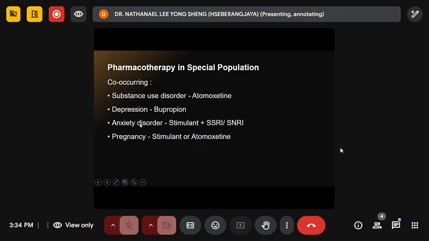For people with anxiety disorder, evidence suggests that we combine methylphenidate with either an SSRI or SNRI. Whereas for pregnant women, we will go for either a stimulant or atomoxetine. There is no evidence to show any side effects of methylphenidate in pregnant women, so you can choose either one of these.